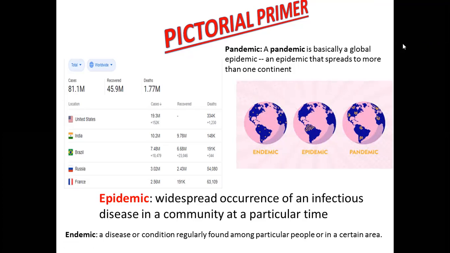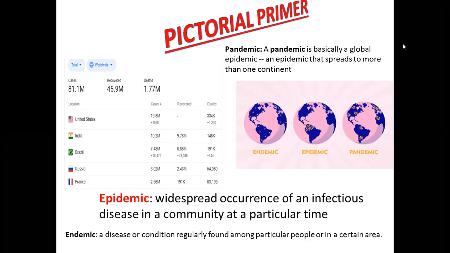It is basically a global epidemic, an epidemic that spreads to more than one continent. Epidemic is the widespread occurrence of an infectious disease in a community at a particular time. Endemic is a disease condition regularly found among particular people or in a certain area. In a way, pandemic is a disease which spreads throughout the world.